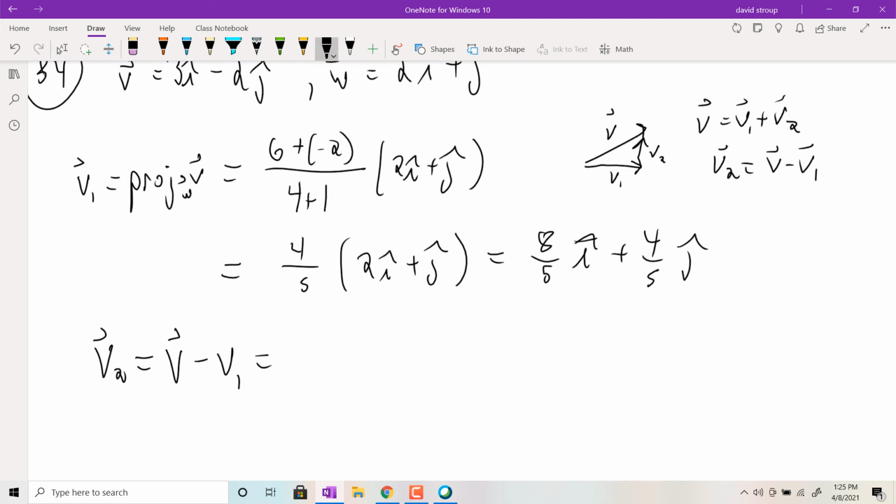So V is equal to 3i minus 2j, and then we're subtracting away V1.